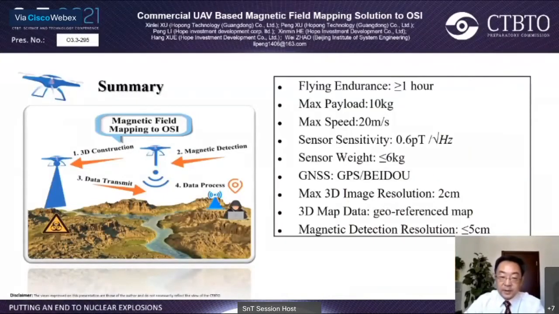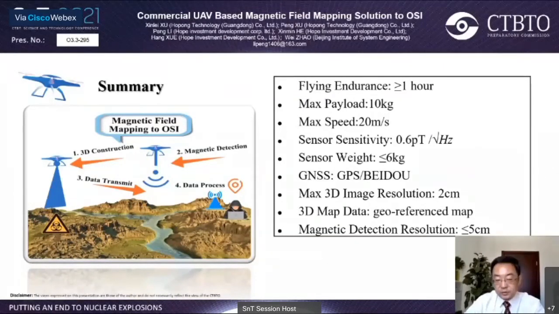In summary, in simple language, flight endurance of the UAV could be within 1 hour, a maximum payload 10 kilo, maximum speed 20 meters per second. Sensor sensitivity could reach 0.6 pT. The sensor weight within 6 kilo.